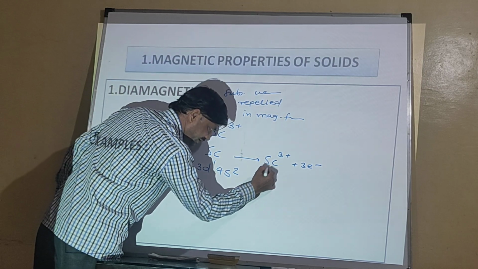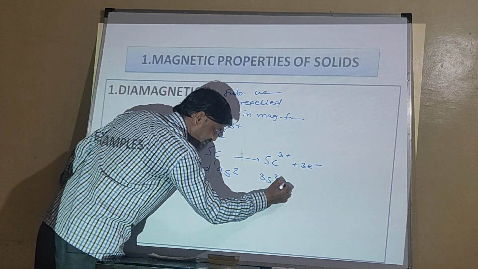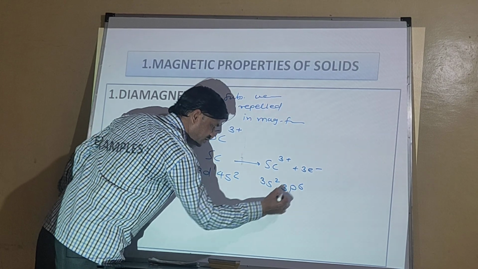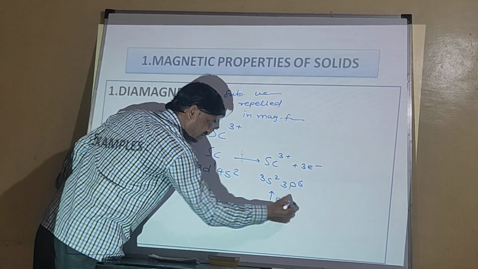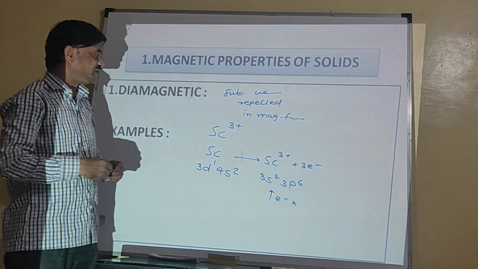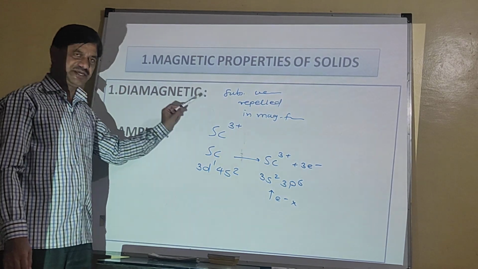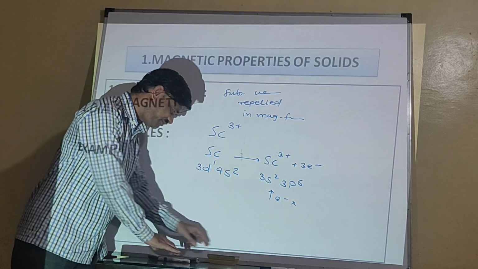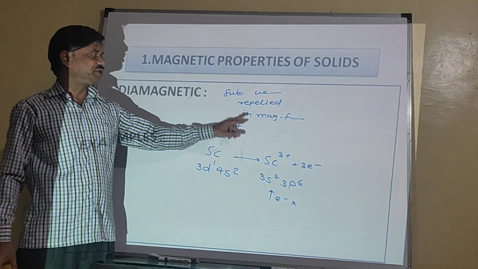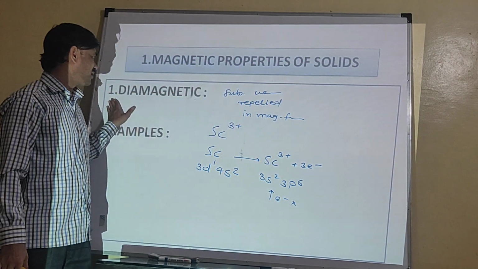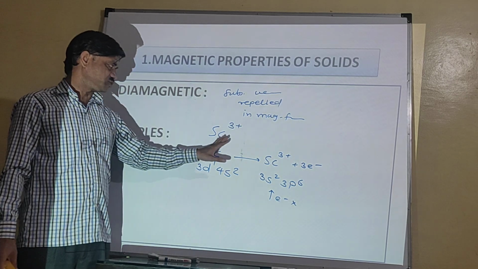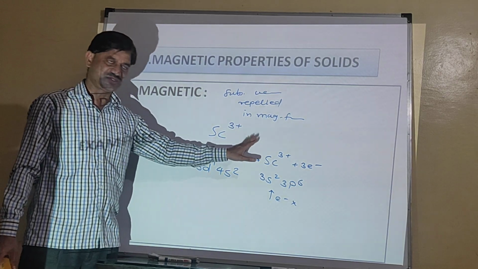What remains is 3s2 3p6. So there is absence of which electron? Unpaired electron. So it is repelled in a magnetic field, and it is a diamagnetic species. So remember first, when a species gets repelled in a magnetic field, it is called diamagnetic. This is an example, scandium plus 3.